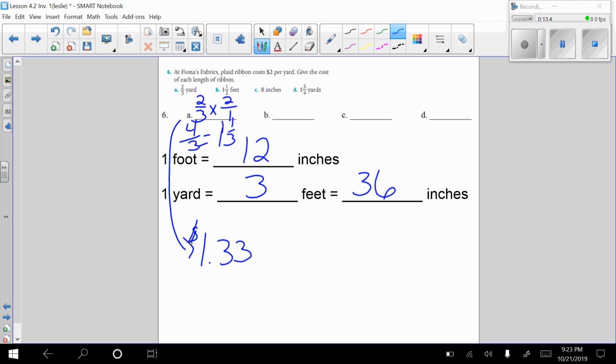What if I bought 1 1/2 feet? Well, that one's a little more difficult because I have to think about that there are 3 feet in 1 yard. So I'm buying 1 1/2 feet, so I'm buying half a yard, basically. How much would half a yard cost me? Well, that one I can kind of do in my head.